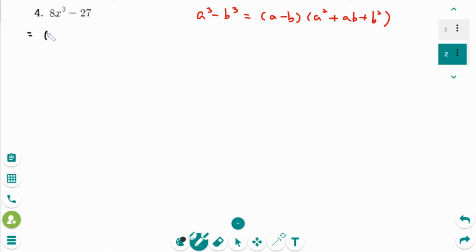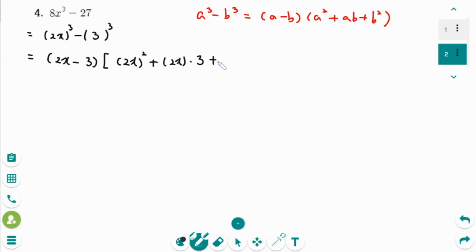So this question can be rewritten as (2x) cubed minus 3 cubed, which equals (2x minus 3) times ((2x) squared plus 2x times 3 plus 3 squared), and then (2x minus 3)(4x squared plus 6x plus 9). This is the factored form.